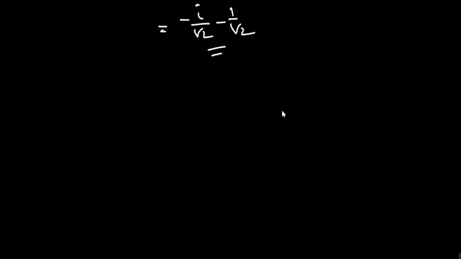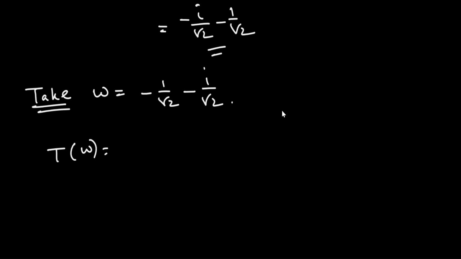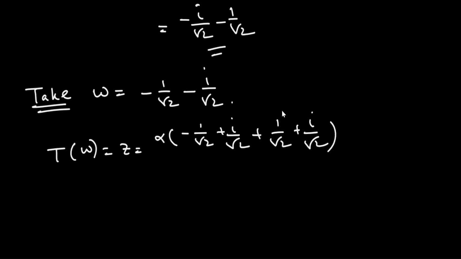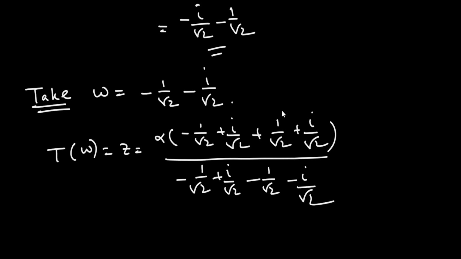Now we take another point, W equal to minus 1 by root 2 and minus iota by root 2. Now we calculate T inverse W, that is Z. This is equal to alpha into alpha minus W. Alpha means minus 1 by root 2 plus iota by root 2, and minus W means both plus, 1 by root 2 plus iota by root 2, divided by alpha plus W. Alpha plus W: plus and minus cancel, and minus and plus cancel.